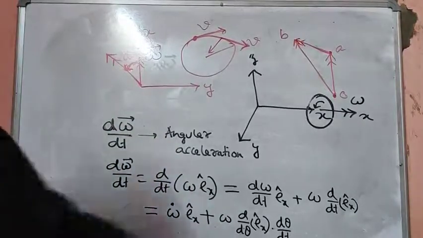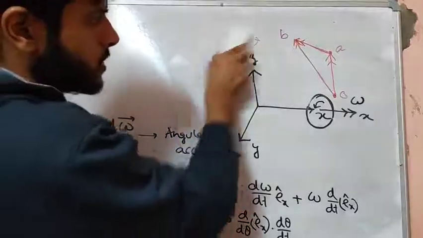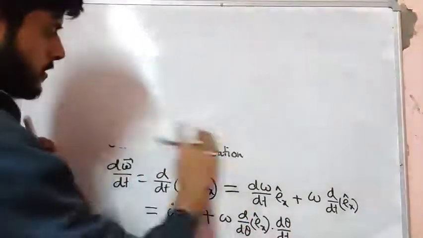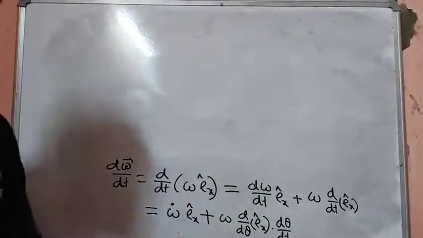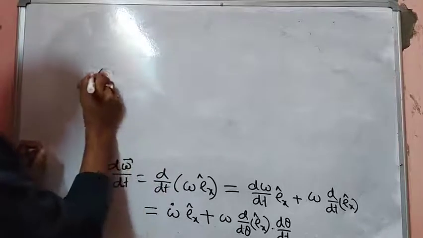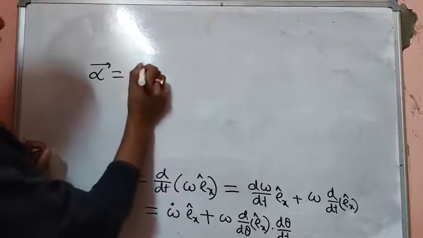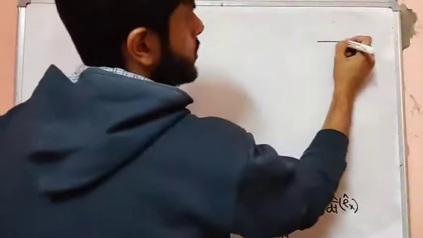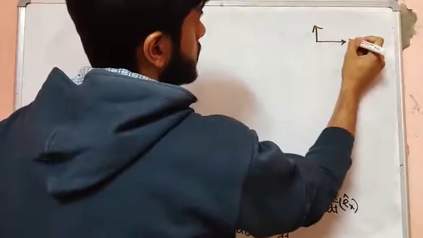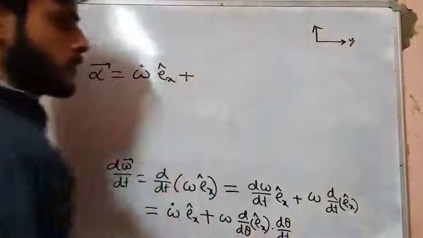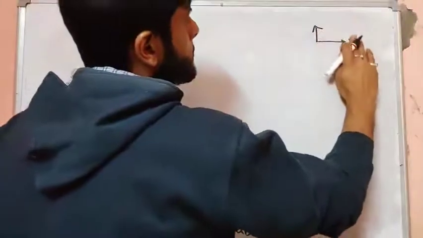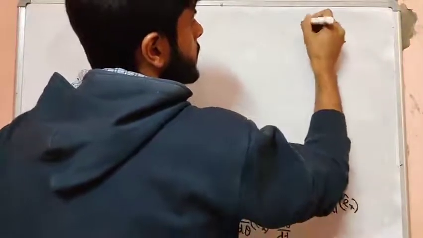So now we can find out what is this quantity, just as we have done in engineering mechanics. So we can write the angular acceleration vector as omega dot ex plus, we can see that in the xy plane, let's say this is x, this is y.